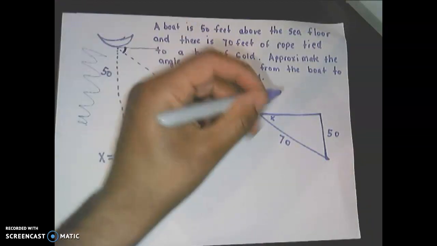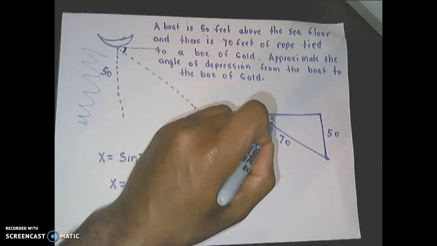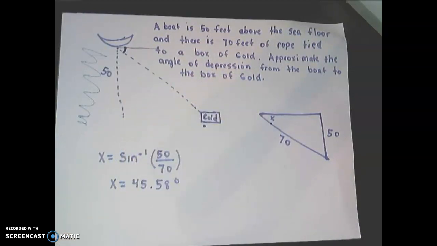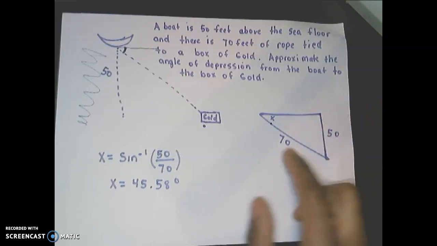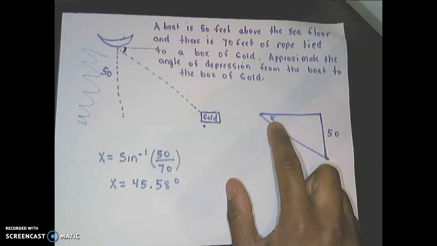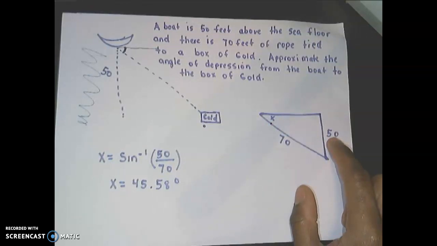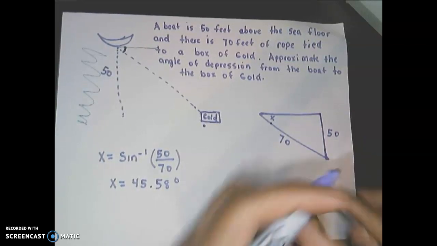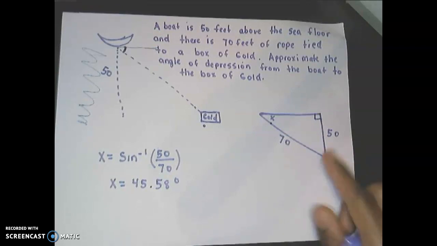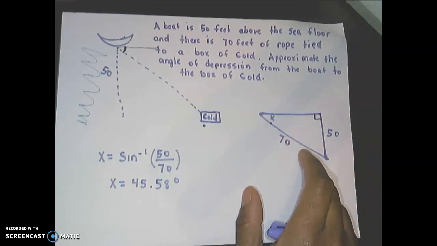Since we want to find an angle, we know we're going to have to use either sine inverse, cosine inverse, or tangent inverse. Here we have my angle, which I called x. 50 is opposite my angle, and 70 is across from the right angle, so that's my hypotenuse.